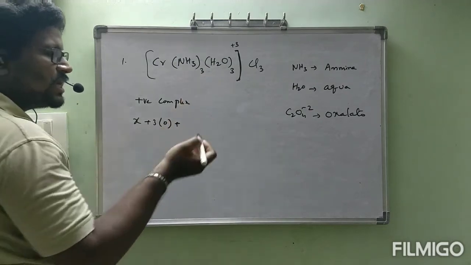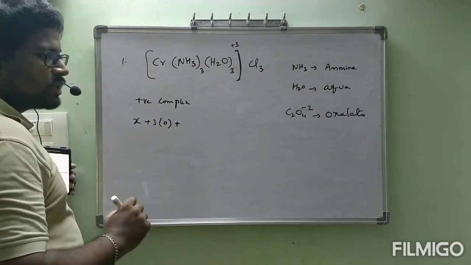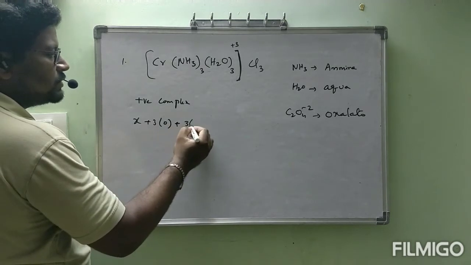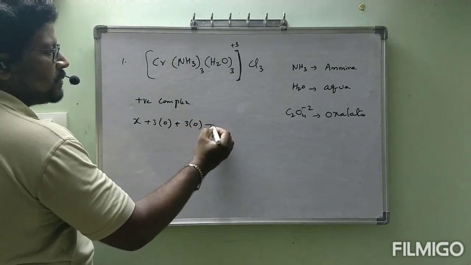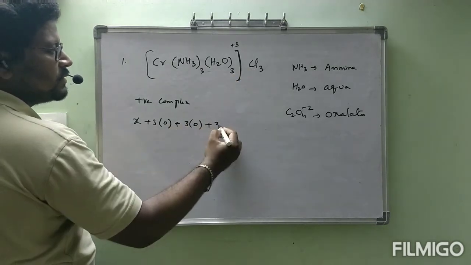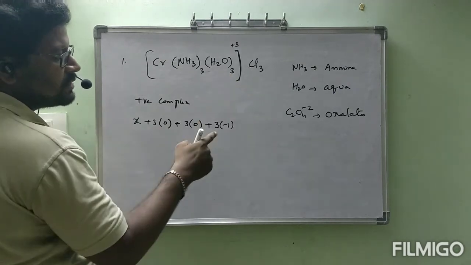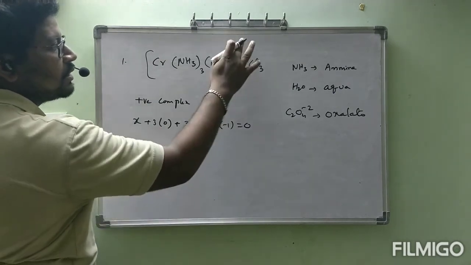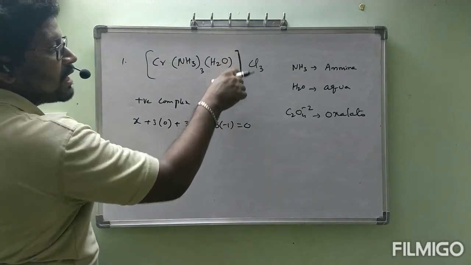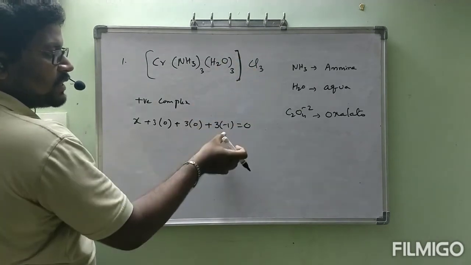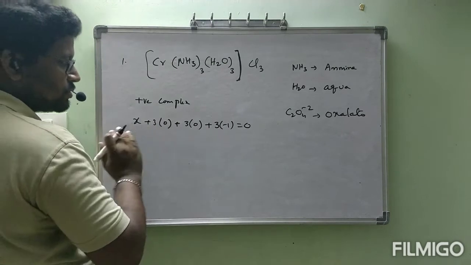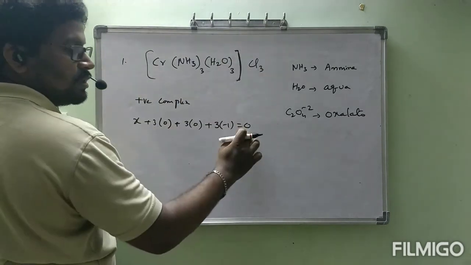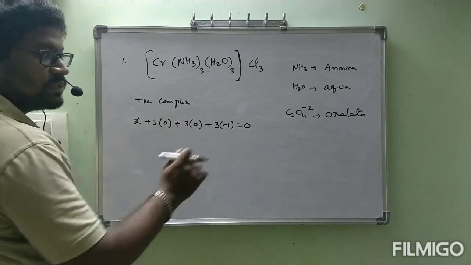Aqua, this H2O is also a neutral ligand, so 3 into 0, plus 3 into minus 1, chlorine minus 1, 3 are there. Total 0. See, I didn't take up to the square bracket; I included 3Cl also. So the total compound is 0. That's why I equalized with 0.